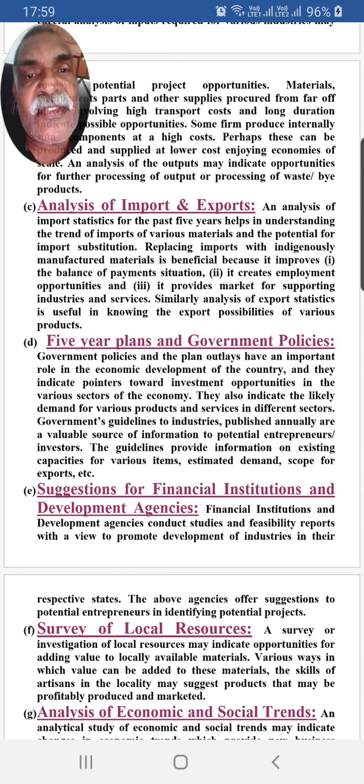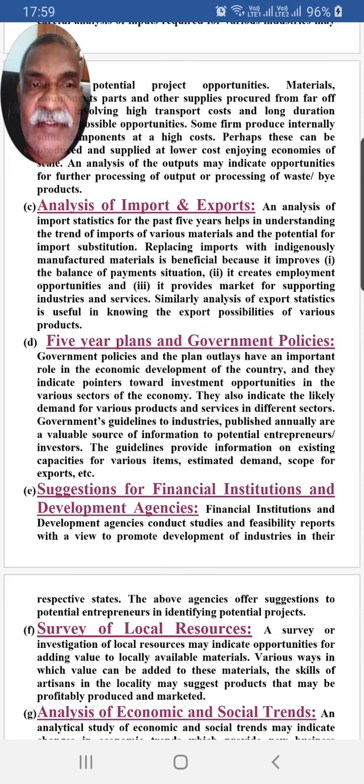Next, 5 year plans and government policies. Government policies and the plans have an important role in the economic development of the country, and they indicate pointers towards investment opportunities in the various sectors of the economy.